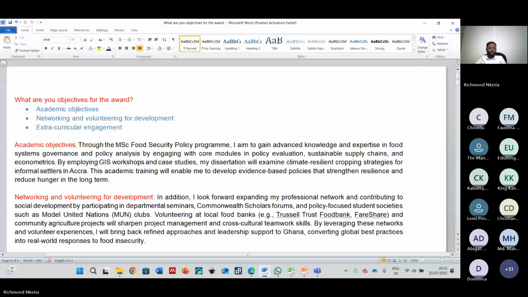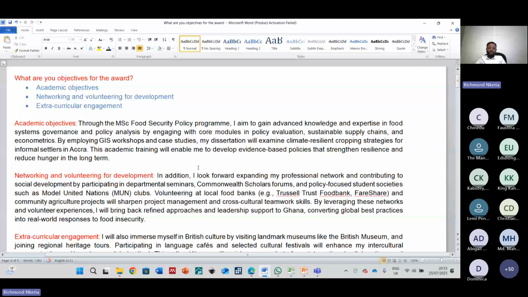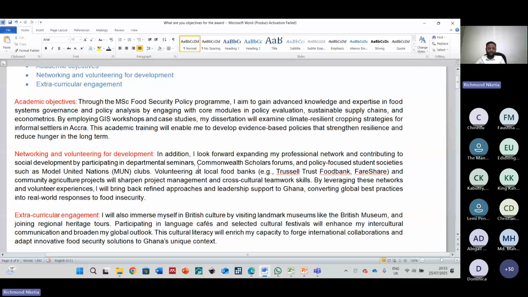Yeah. So the first paragraph, I've broken them down into three paragraphs. The first is about the academic objectives. So here you are going to tell them what you intend to achieve in the classroom and in the university, specifically for the program you're going to study.